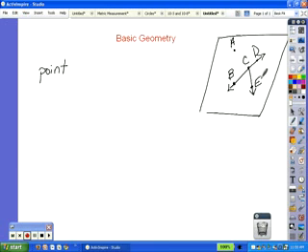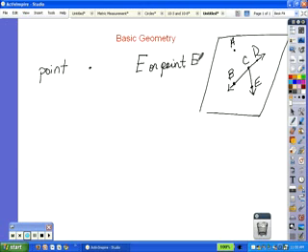A point is drawn as a dot, but it is named by its letter. So if I want to pick this point here, E, I can just call it E, or I can call it point E when I go to name it.